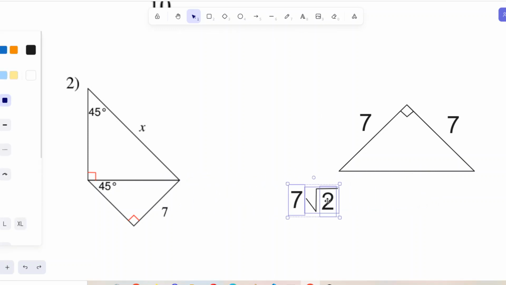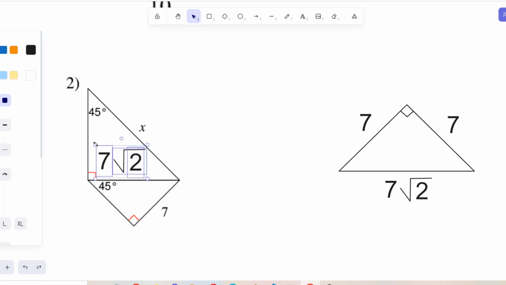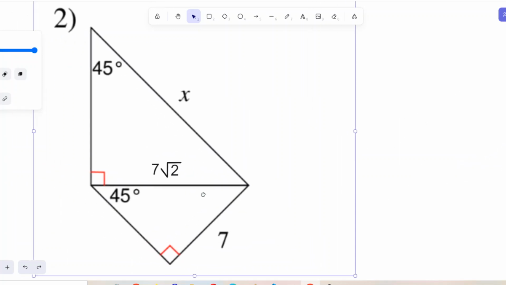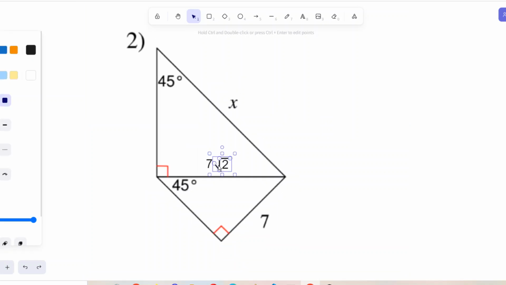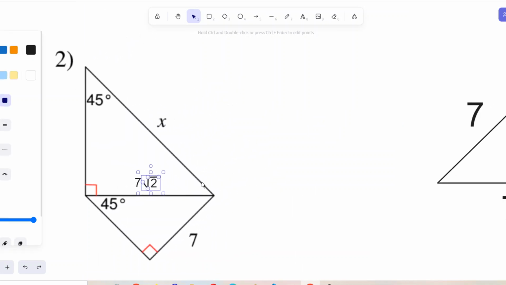Okay, so actually I'll copy this. And then this side would be 7 root 2. Now we know this side is 7 root 2, and now we have this 45, 45, 90 right triangle, right? So you can look at this one.